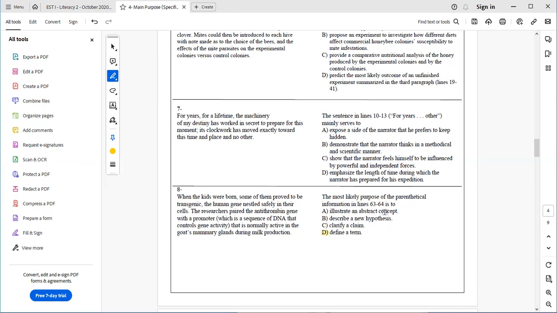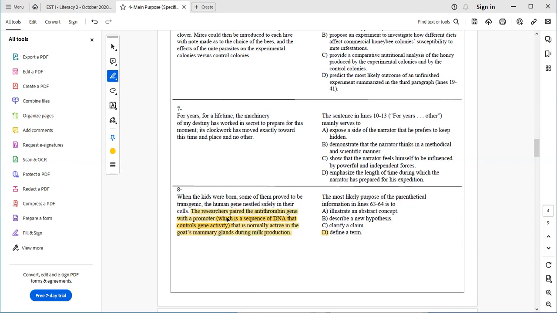Let's find. He said the most likely purpose of the parenthetical information in lines 63 to 64. So I'm going to just take the parentheses, but we said that we have to take the full sentence.